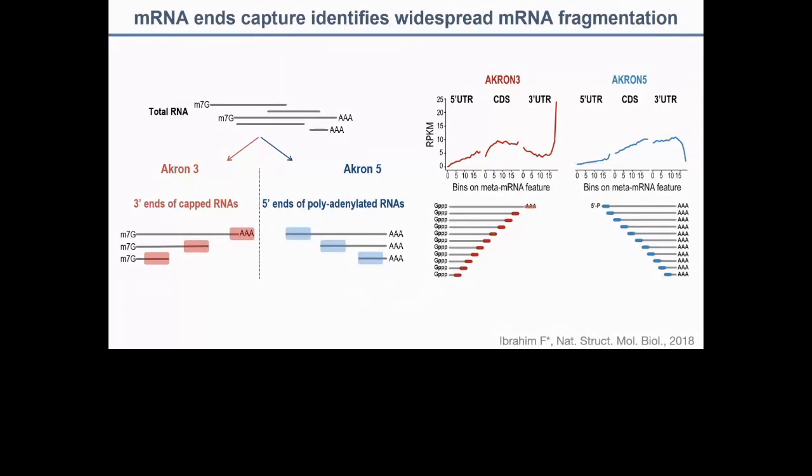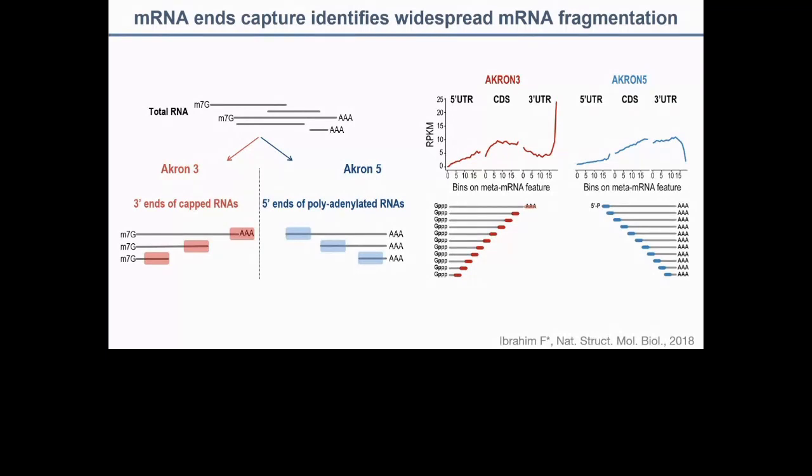What we did essentially was to develop two different protocols, which we call ACRON 3 and ACRON 5. For ACRON 3, we isolated capped mRNAs, and then we sequenced their 3' ends with short-read sequencing. In ACRON 5, we did exactly the opposite. We isolated polyadenylated RNAs, and then we sequenced their 5' ends with short reads.